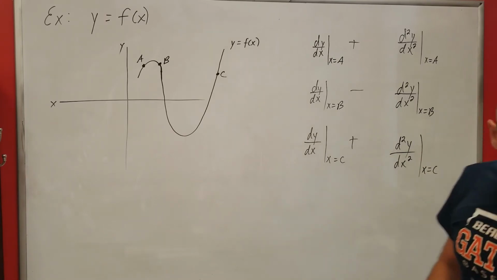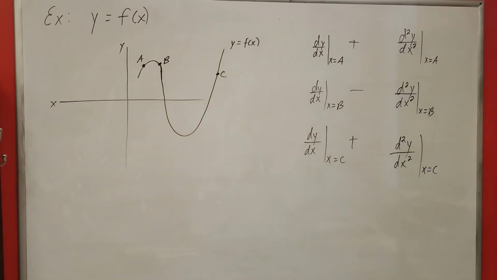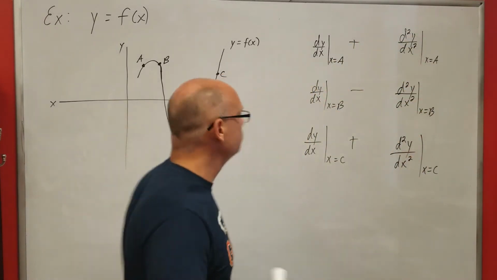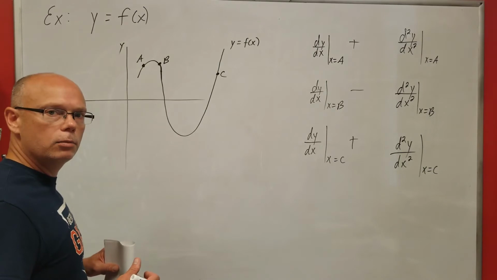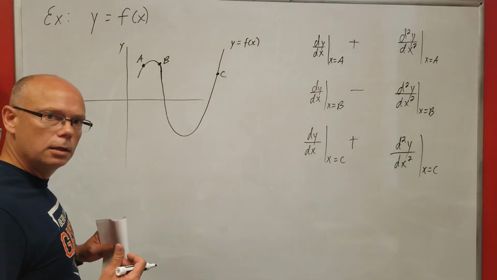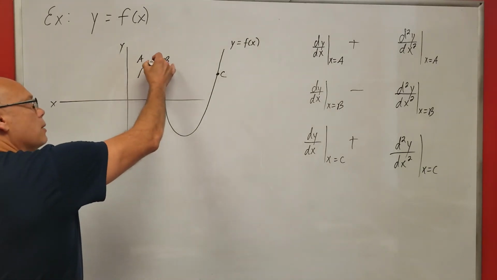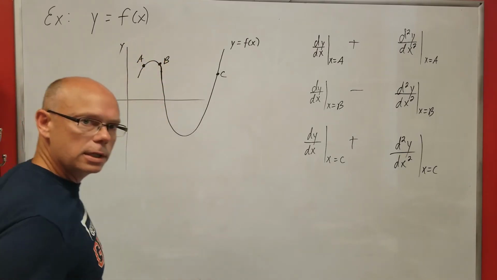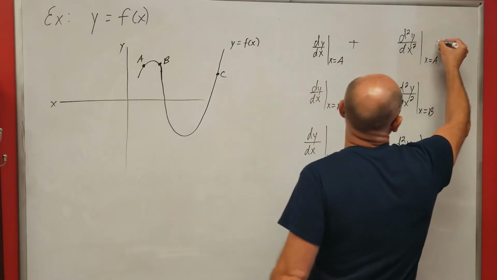Let's see if those are going to be positive or negative. Second derivative at x is equal to a. So what are we going to look at here? We're going to look at concavity. At x is equal to a, is this graph concave up or concave down? I'm going to say it's concave down, so that means my second derivative should be negative there.